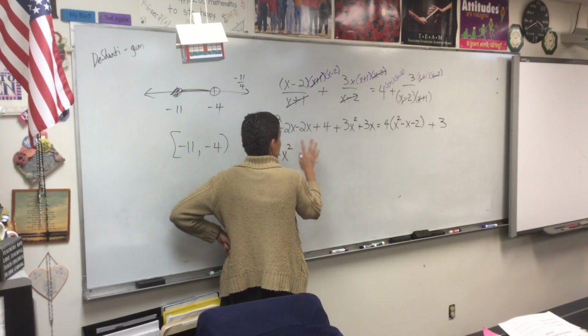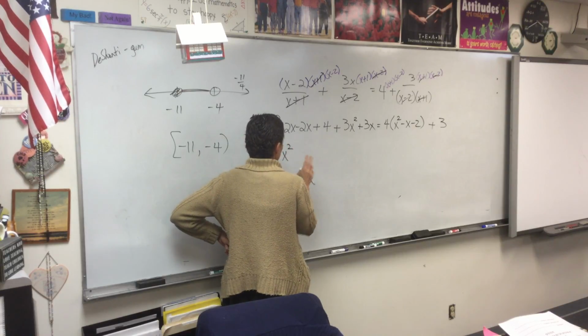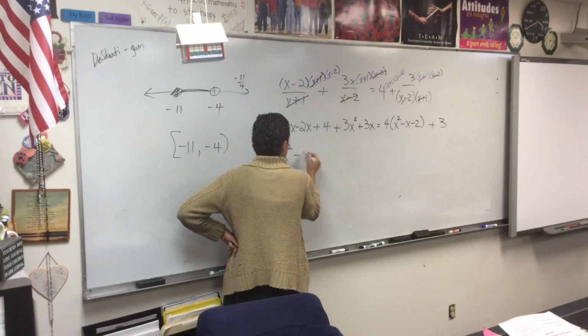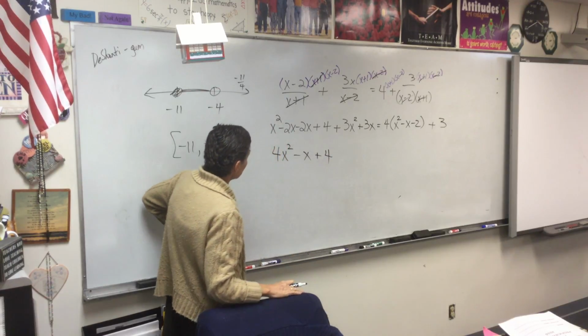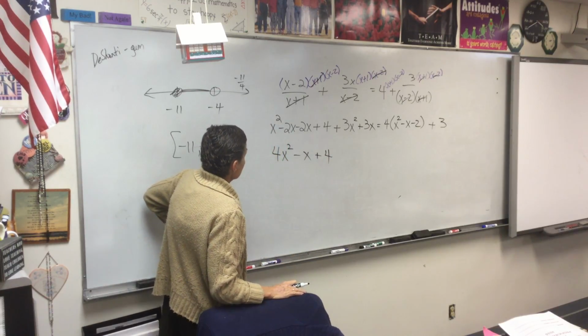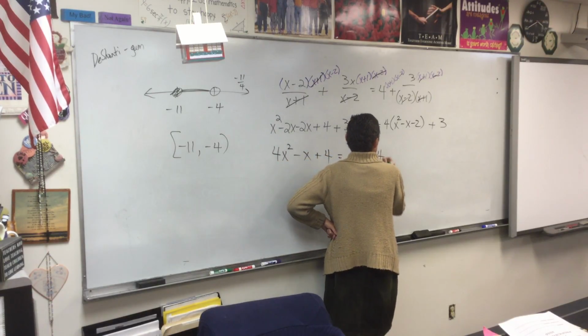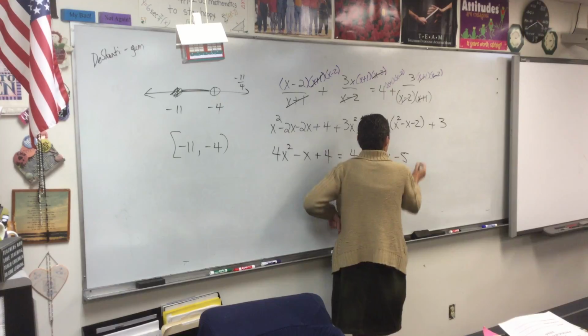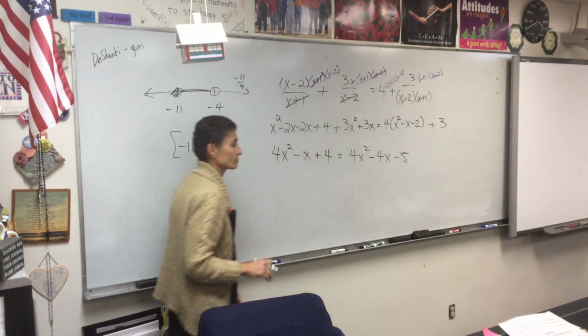I'm just going to clean up each side individually. So what have I got over here? I've got 4x squared minus x plus 4. Double check that. Is that right over here on the left side? And then over here, I'm going to have 4x squared minus 4x minus 5, because I have a minus 8 and a plus 3.